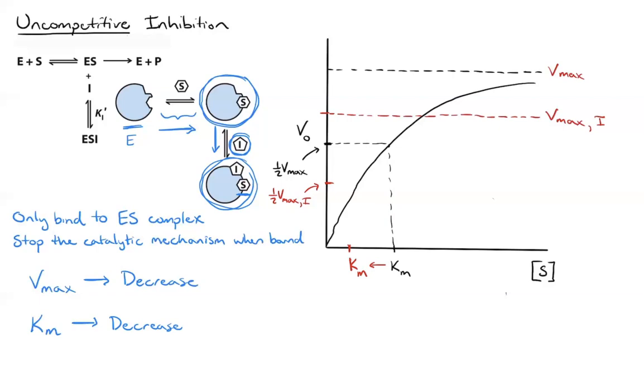That means that our graph is going to have to go through this point, right? So we've kind of changed two things here, and I have to draw a hyperbolic curve that passes through this point. So it tightens up a little bit to the y-axis there, but it also approaches a lower value for the maximum velocity as we start to saturate the binding sites.